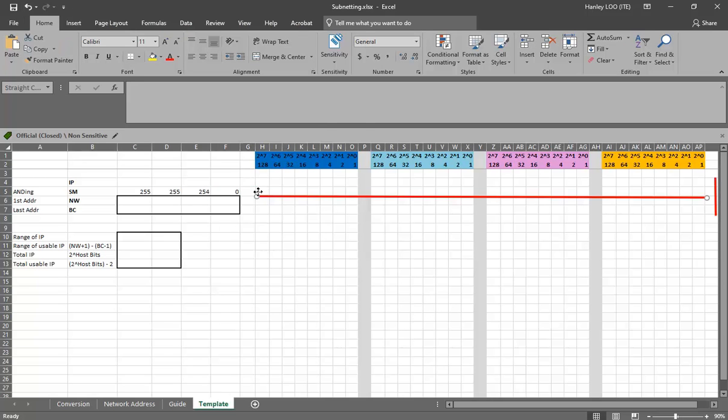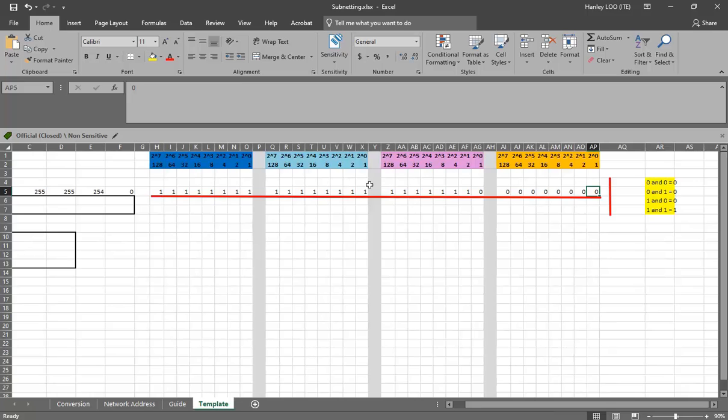So /23 gives us 23 bits of 1, followed by 9 bits of 0. And we know that 2 to the power of 9 will give me 512 addresses, including the network address and broadcast address.